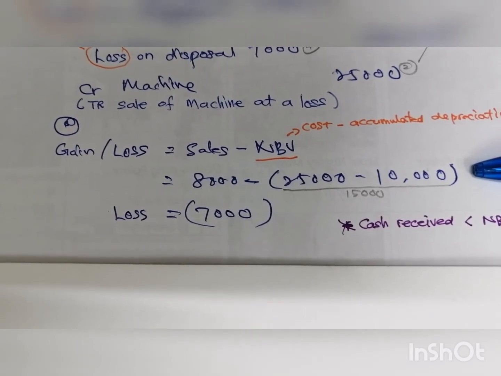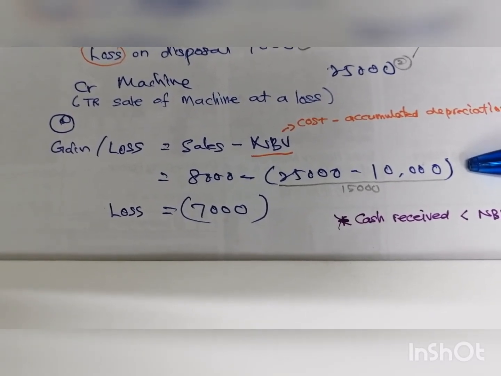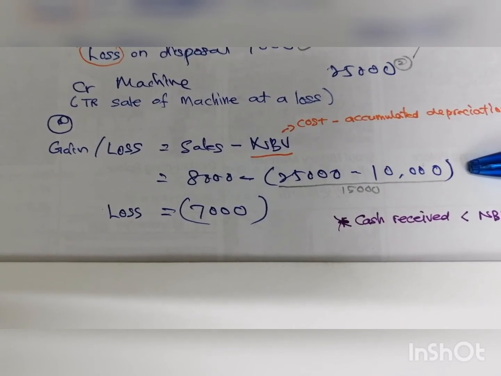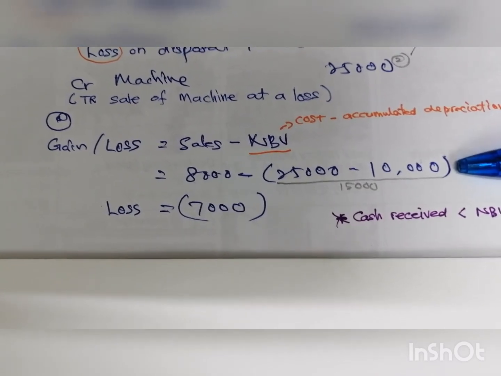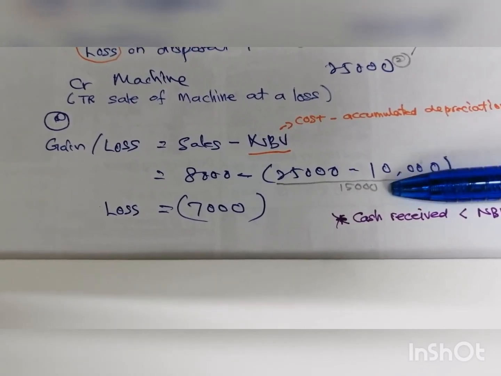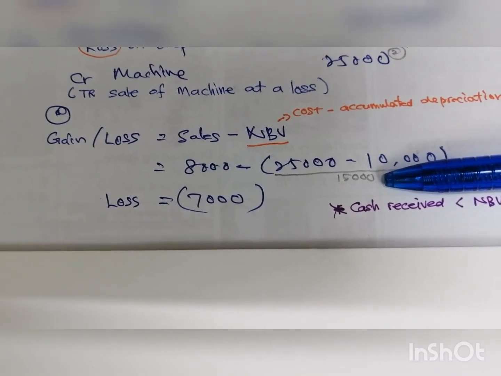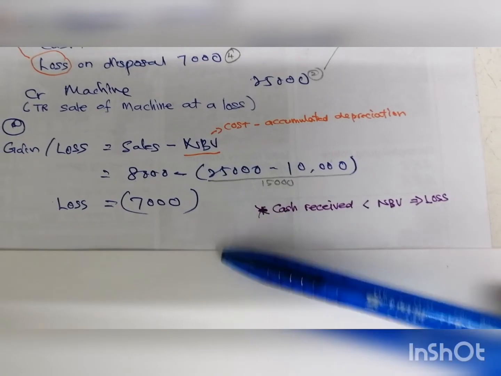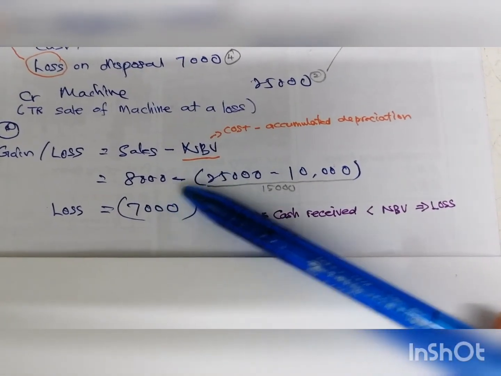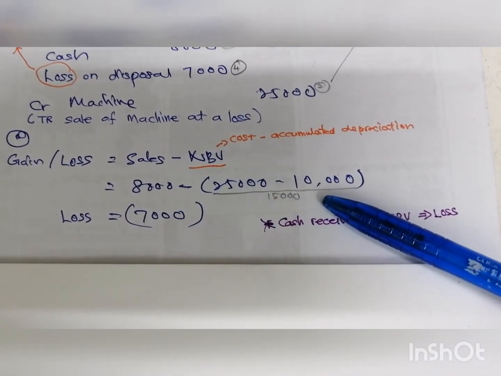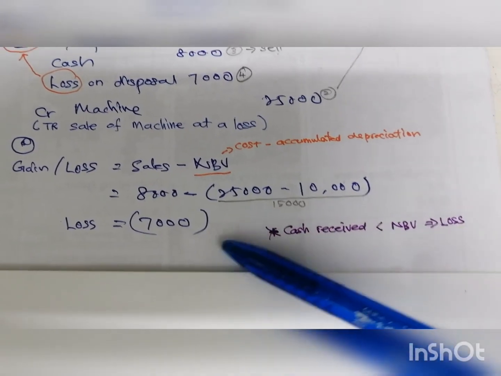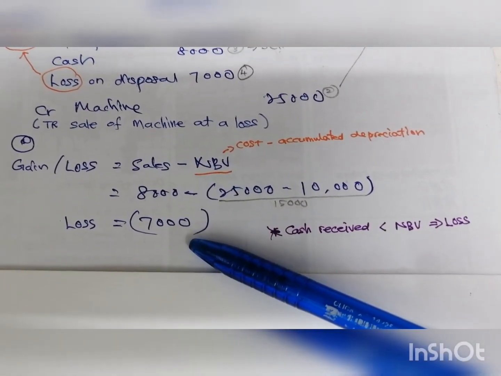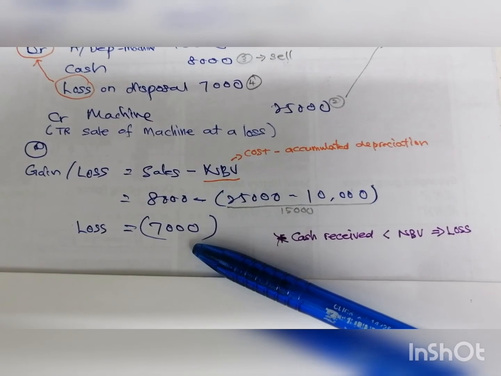Sales is 8,000 minus 25,000 minus 10,000, and the net book value is equal to 15,000. So as you see here, the cash received is lesser than the net book value. So this is loss. So we lost 7,000 upon disposal of the machine.